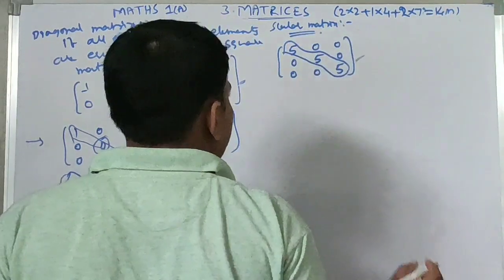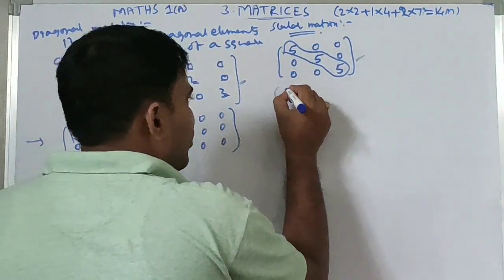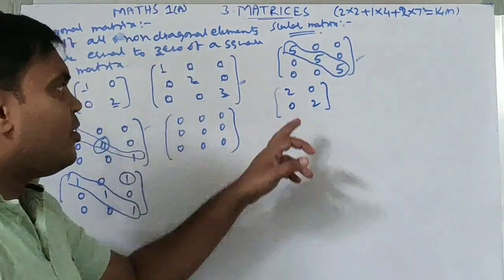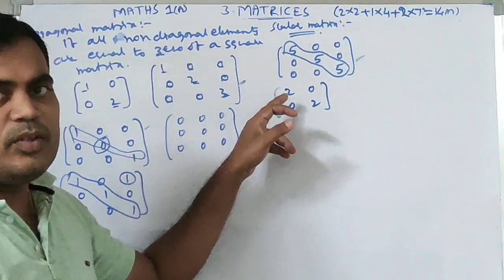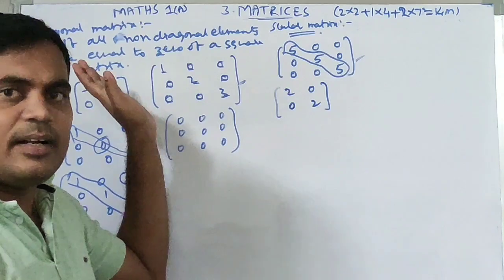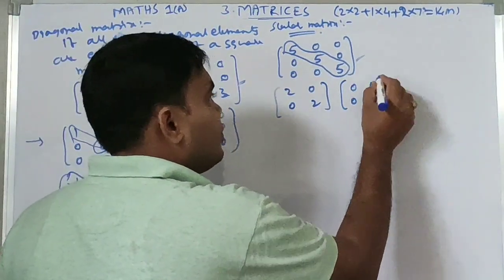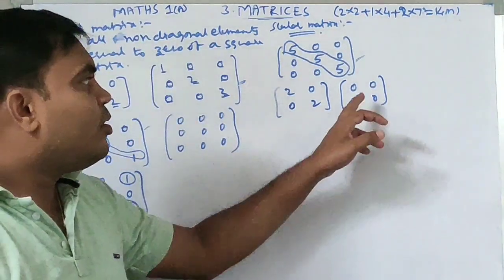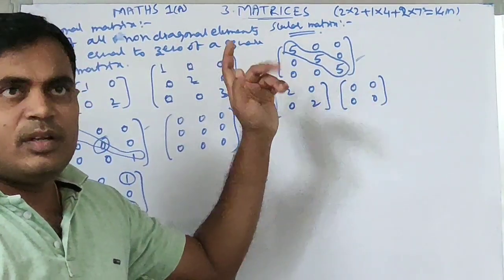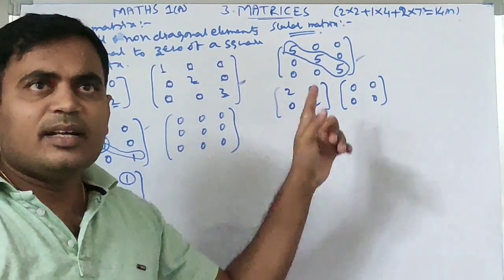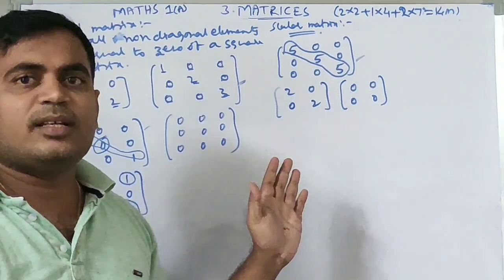Okay, next one more example, 2 0 0 2. This is a 2 by 2 scalar matrix. Since the non-diagonal elements are 0, it is a diagonal matrix. So I am taking the example 0 0 0 0. All are 0. Non-diagonal should be 0. What about the diagonal elements? Diagonal elements are equal to each other.